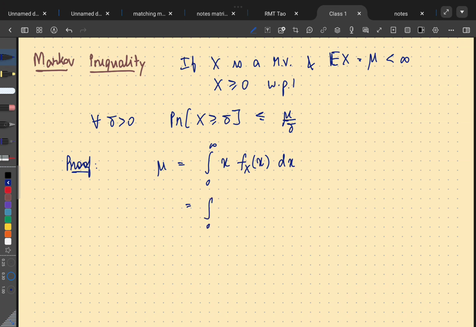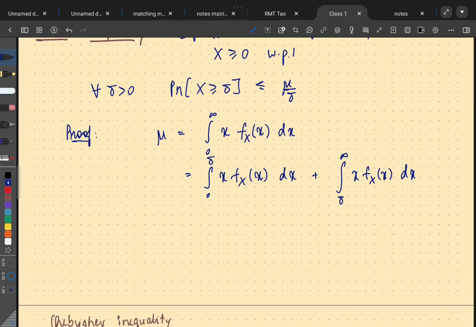So this is integral from 0 to delta x times fx of x dx plus integral from delta to infinity x times fx of x dx. Nothing fancy so far.